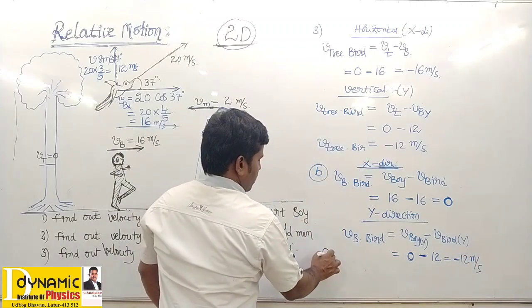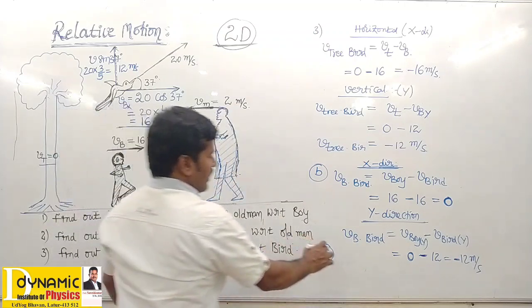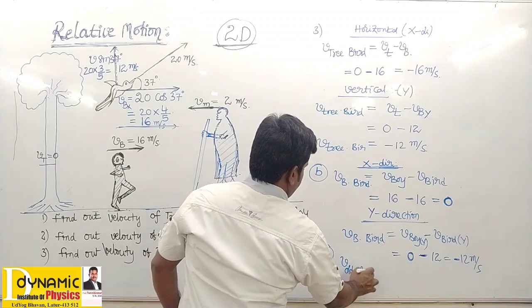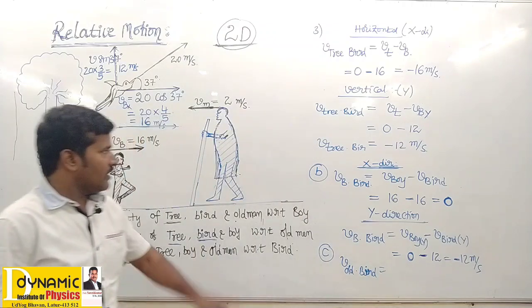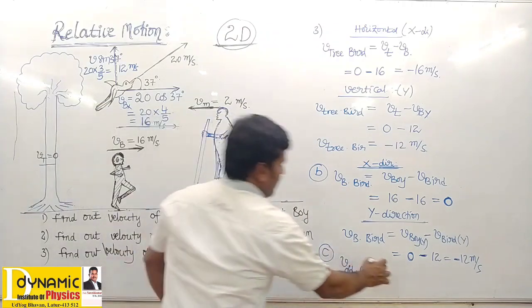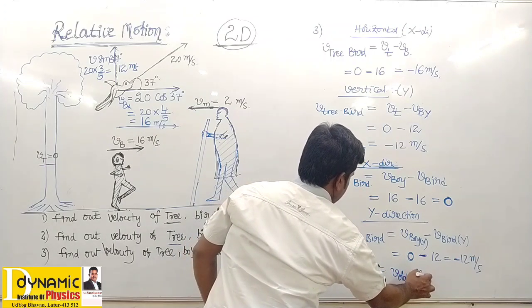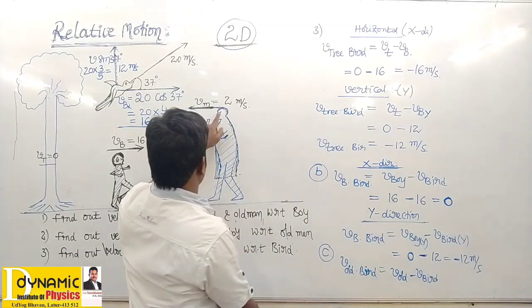Same for the third person, the old man. In the horizontal direction, the old man with respect to the bird: the velocity of the old man in the horizontal or x direction minus the velocity of the bird. In this case the directions are opposite.